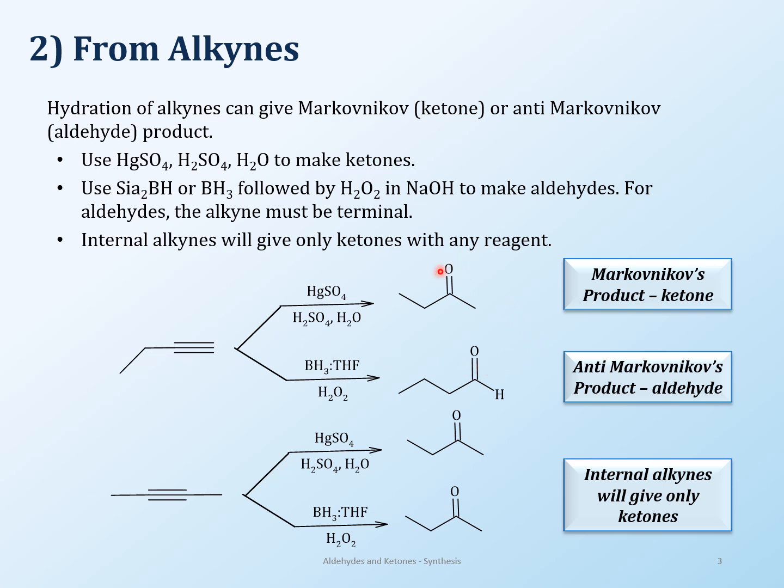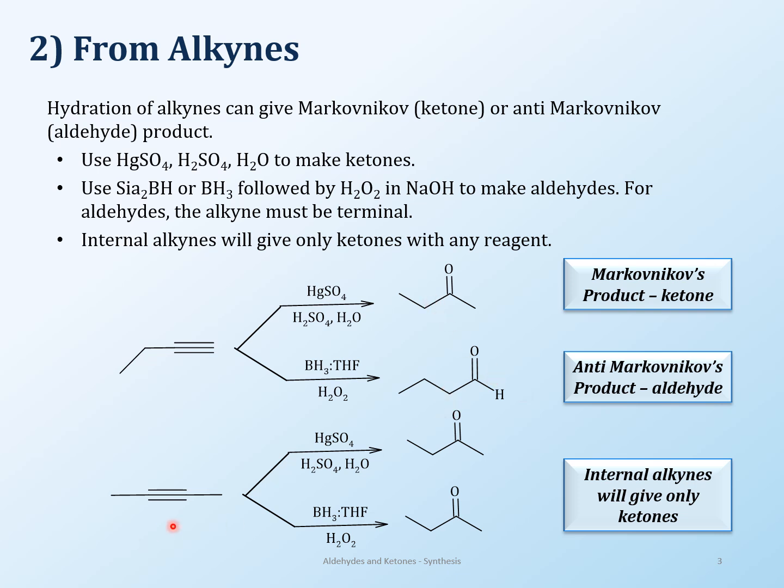Now, the ketone is considered a Markovnikov product, and if you're using borane, this is considered anti-Markovnikov because this is happening at the less sterically hindered carbon. You're not really exactly adding hydrogens, but still, Markovnikov and anti-Markovnikov just tell you where the group is going, internal or terminal.